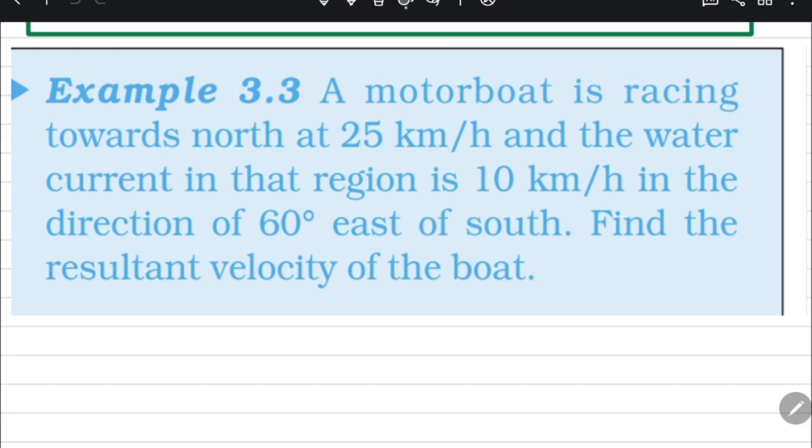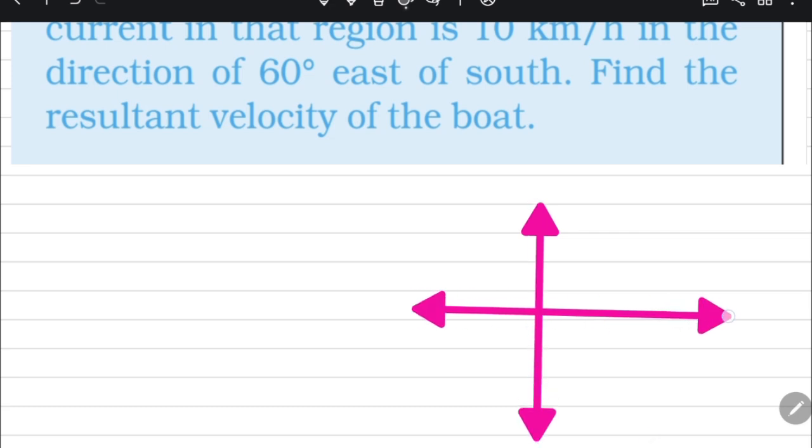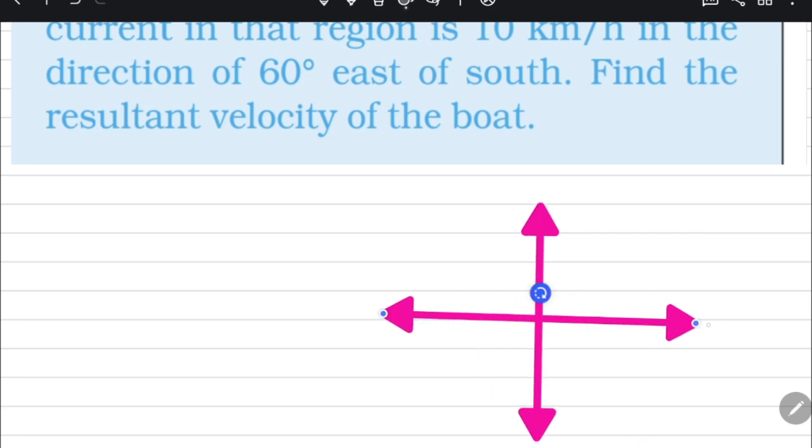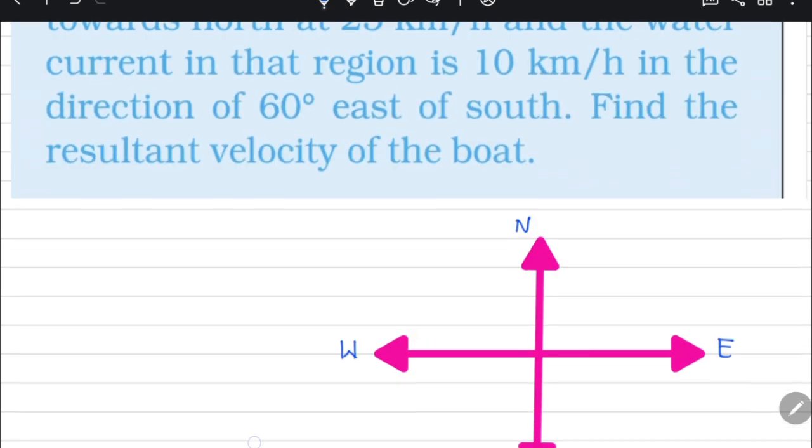Motor boat, just first make our diagram. First thing, we make the diagram. It becomes easier to understand this. This is our east. This is our west. This is our north. This is our south.